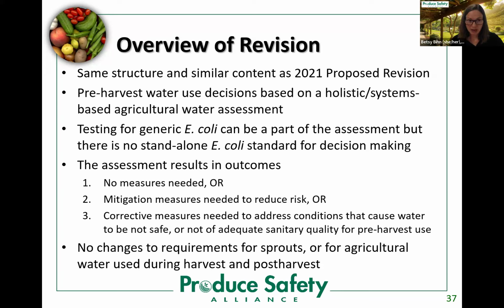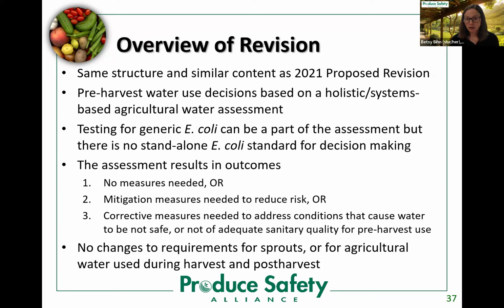Some people are calling it the AGWA. Again, we're not looking at a single testing or an MWQP, which we had all taught for many years. That is not the key component to this. The key component is this agricultural water assessment.